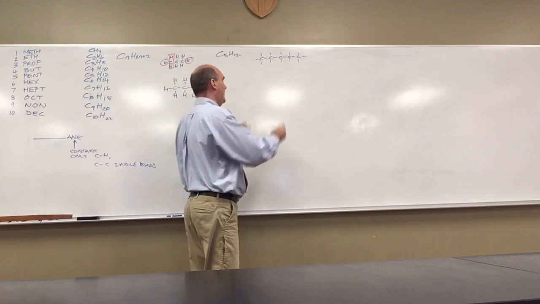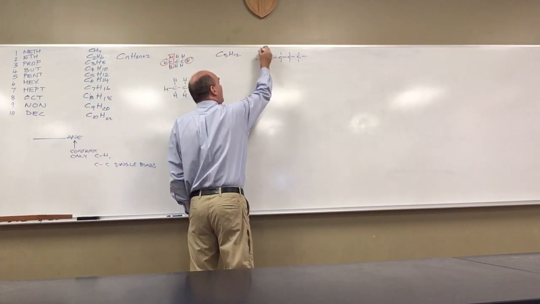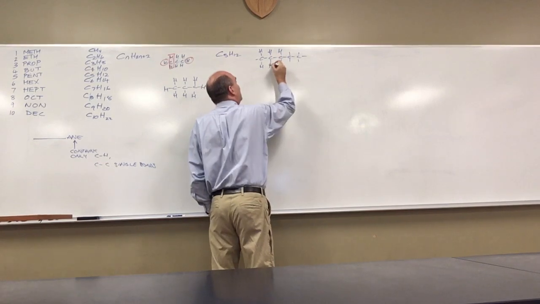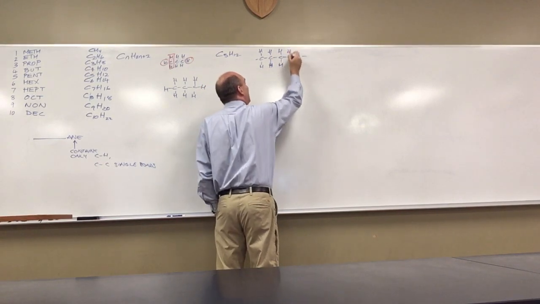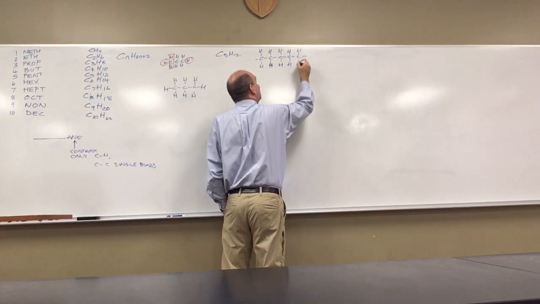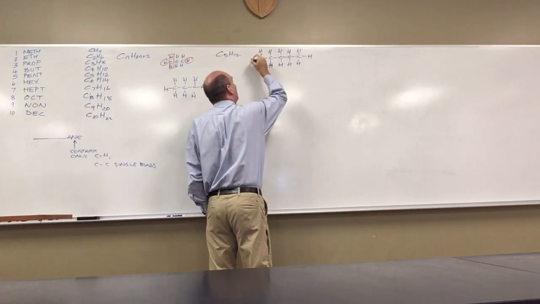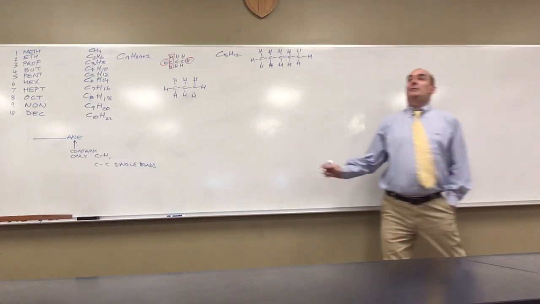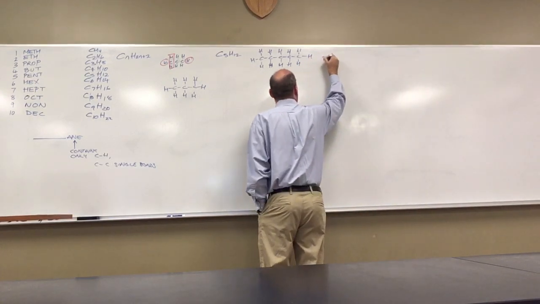We'll show you the geometry of it later. And then 1, 2, 3, 4, 5, 6, 7, 8, 9, 10, 11, 12 is my twelve hydrogens. That is pentane.